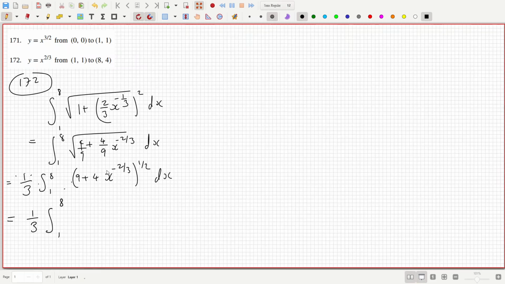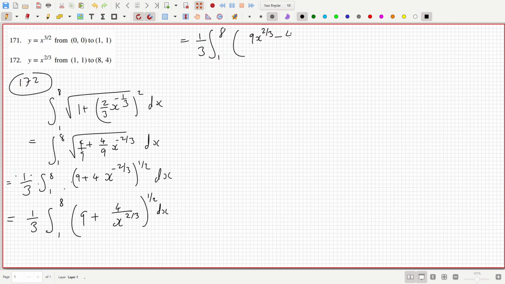I don't want the negative. Okay, let's deal with the negative. x plus 4 over x to the power 2/3, to the half, dx. So that's 1/3, integral from 1 to 8, 9 x to the power 2/3 minus 4 over x to the power 2/3, to the half, dx.